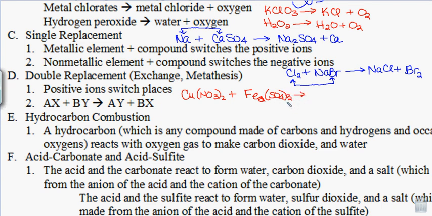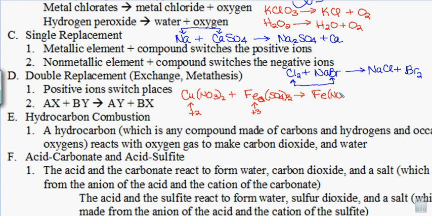So the hard thing is remembering what their charges are. When you're working with double replacement, whatever the charge was does not change. So if copper was +2 and iron is +3, they have to still be that when they come over to the other side. Iron is going to dump the sulfate ion and pick up the nitrate ion.